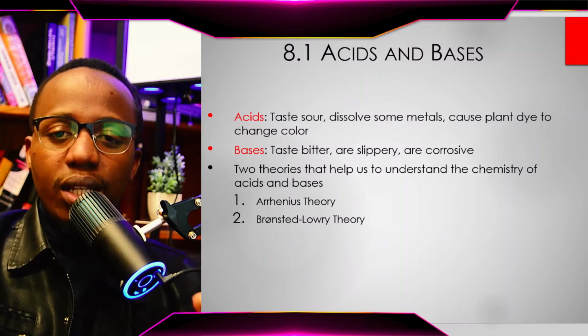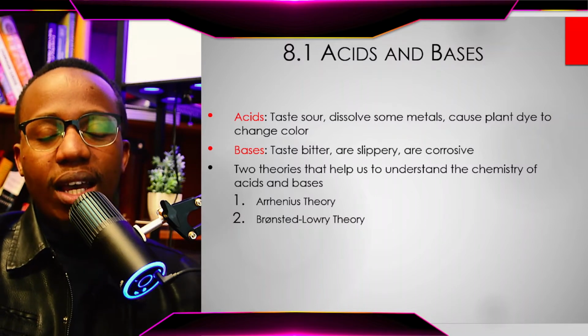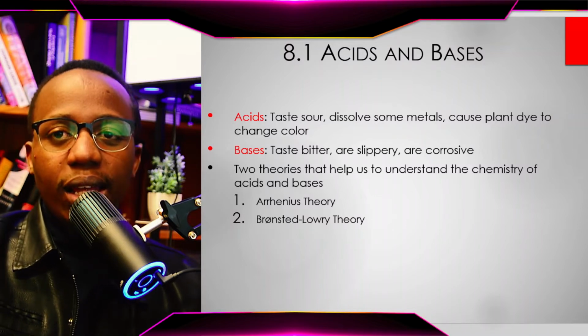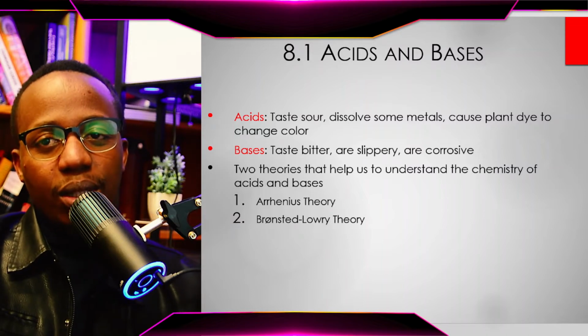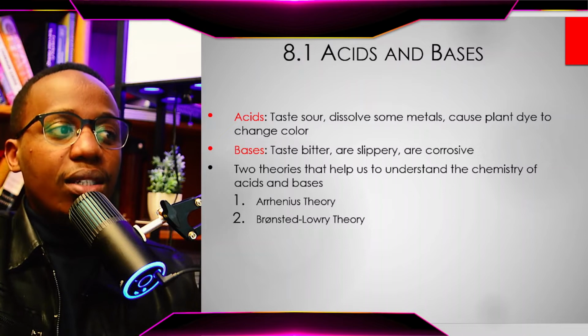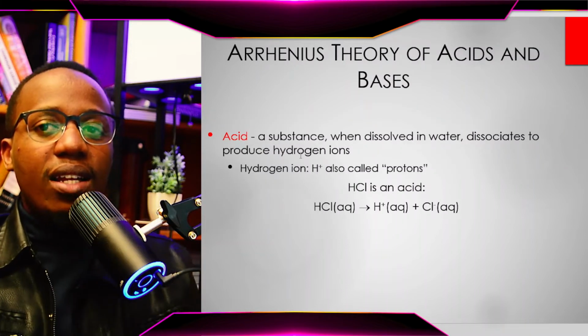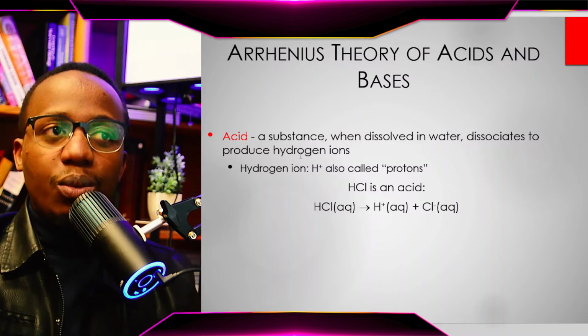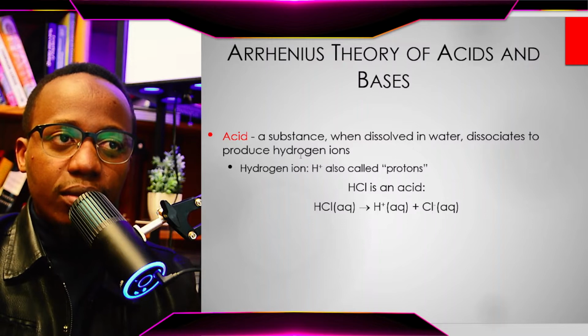We need to really define what an acid and base is. So there have been two theories that help us understand in chemistry what an acid and base is, and we started with Arrhenius. Now, Arrhenius told us that an acid is something that, when dissolved in water, produces hydrogen ions.